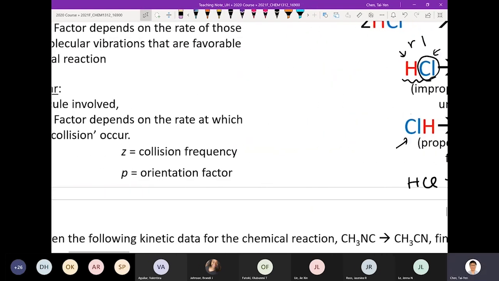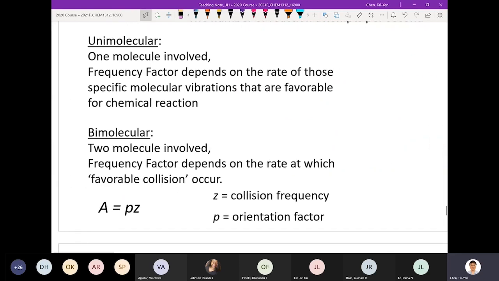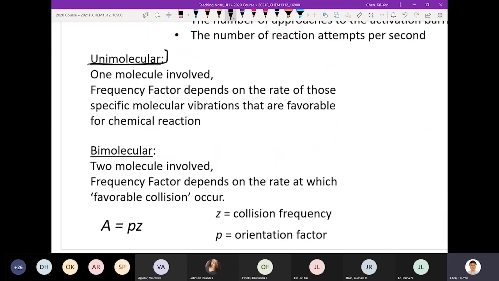One more thing you want to think about is the unimolecular reaction. When you have a unimolecular reaction, typically it's a decomposition reaction. In that case, for your A, since you're not colliding with each other, you just dissociate. So the collision frequency is not important in this case. The proper orientation is replaced by the proper vibrational mode.